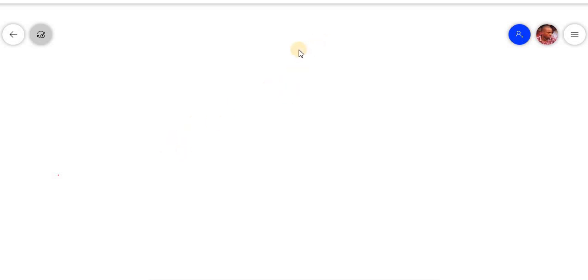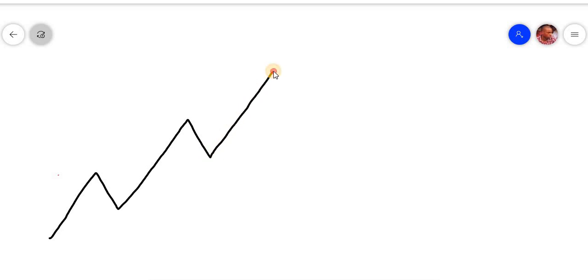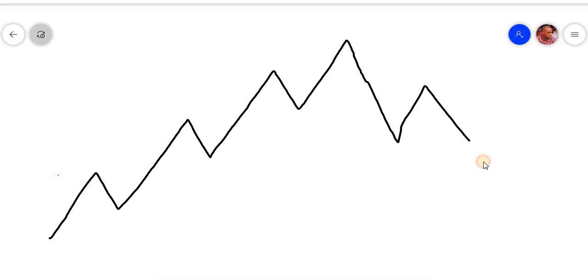An uptrend continues when a new, okay, let's just draw it. You see, we have an uptrend, retracement, push, pull back, push, pull back, push, pull back, and so on and so forth.